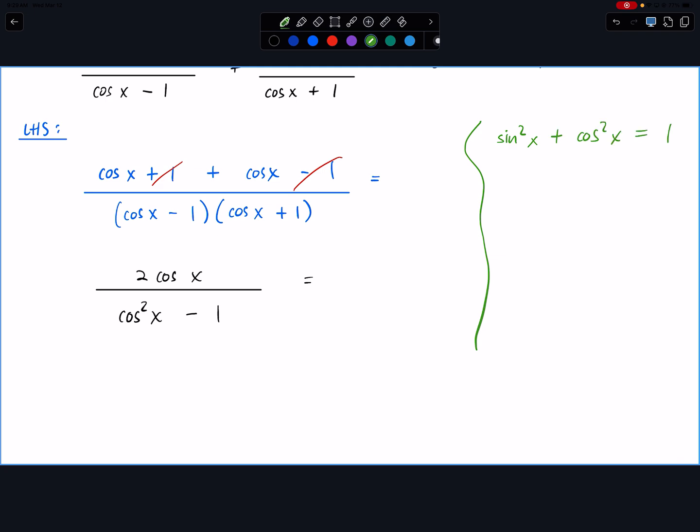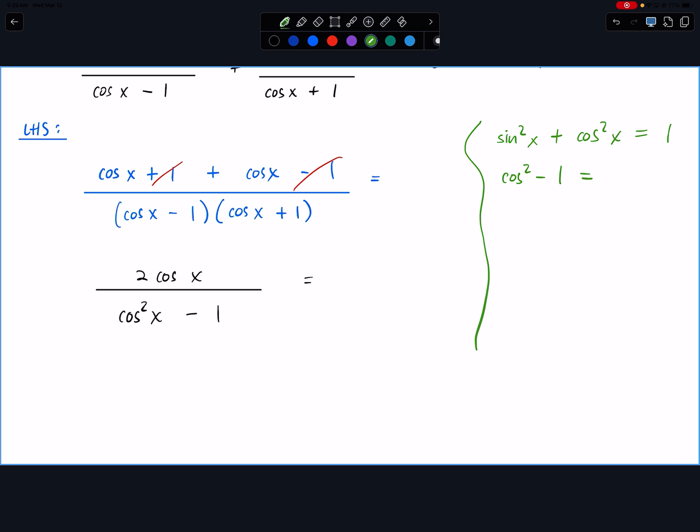We agree that's true, right? What could I do to both sides of this to end up with this? Do you guys agree I could subtract 1 from both sides to get it over there? But then, do you guys agree I have to move this over there? So that means that cosine squared x minus 1 is equal to what?